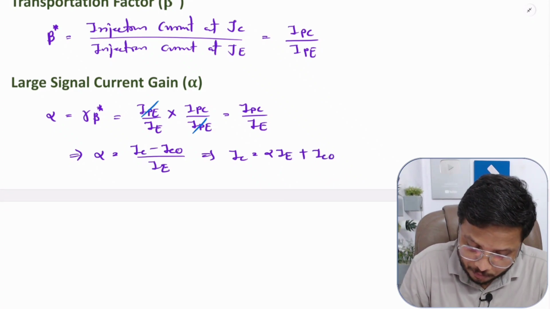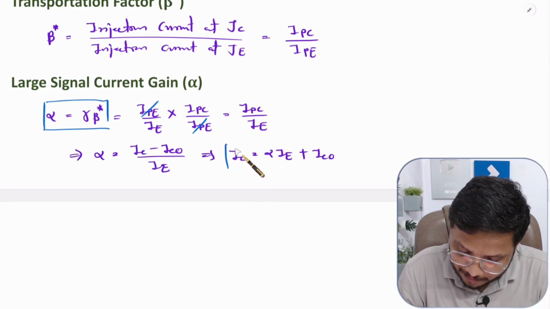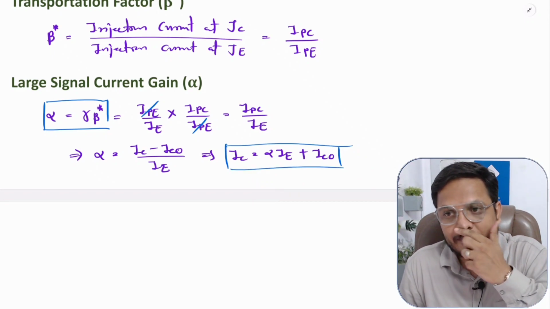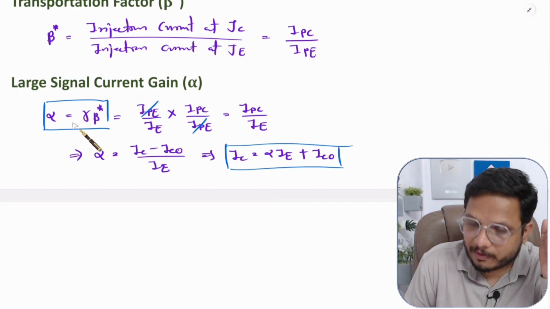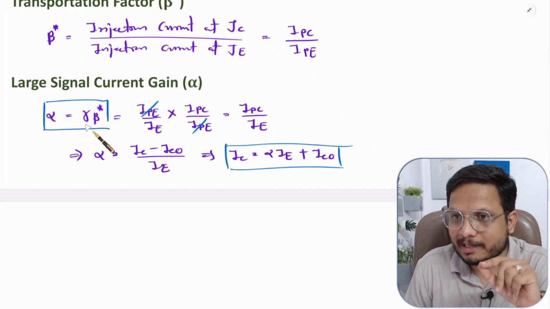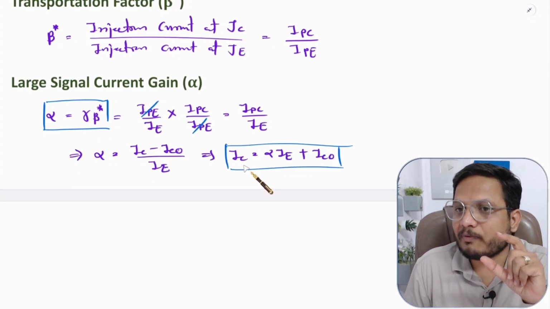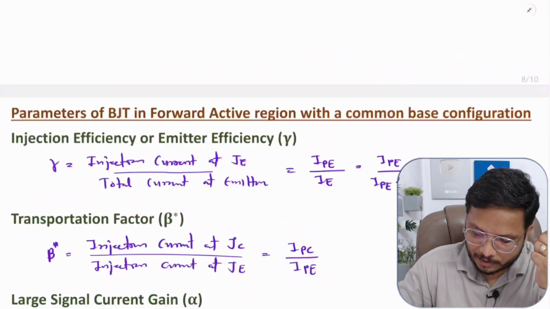There are a few equations you will have to understand, and based on them there will be questions in future. I'll be making some videos in which I solve examples. So alpha is gamma into beta, a relation you should know. Collector current is alpha times IE plus the reverse current ICO.